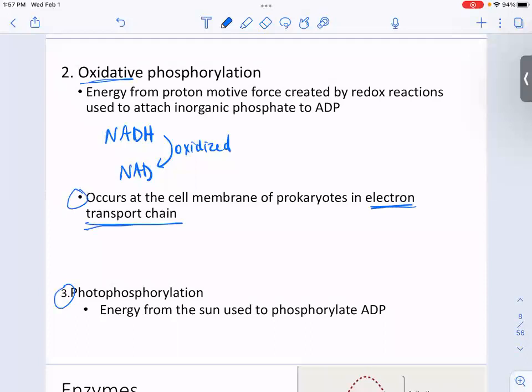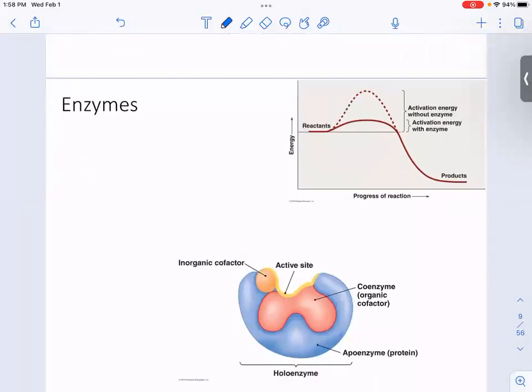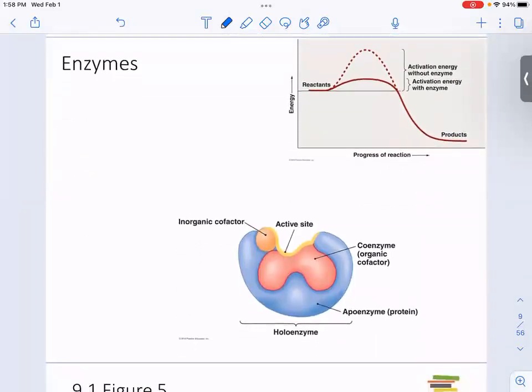So the energy of the sun catalyzes that, and we're mostly interested in organisms that are causing disease, and no disease-causing organisms are photosynthetic. So we're not really going to talk about photosynthesis, so that's the only time I'll mention it here. Okay, so we'll talk about those terms again later.